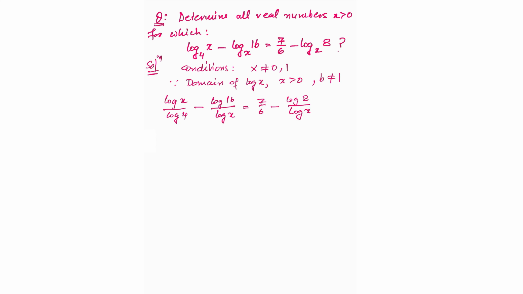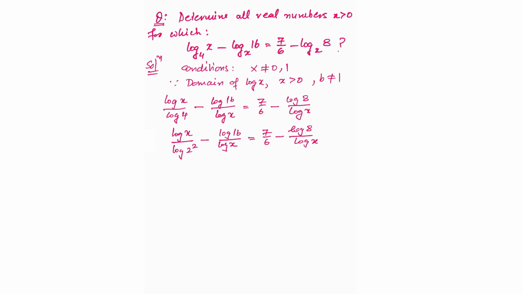Let's simplify a little more. This is going to be log x over, log base 10 of 4 is 2 log 2, so log x over 2 log 2, minus log 16 over log x, equals 7 over 6 minus log 8 over log x. You can see there are two terms with log x in the denominator.